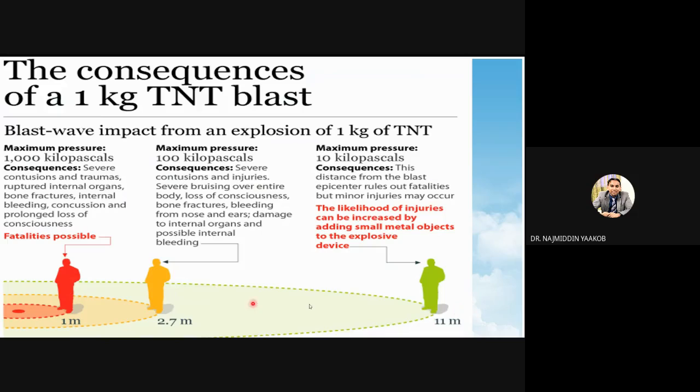So it depends on the radius. So we need to calculate the peak wave. If we know the radius and how many kilograms of explosive, for example how many kilograms of TNT, we can determine the consequences for the people over here. Okay, we want to know what the consequences are.